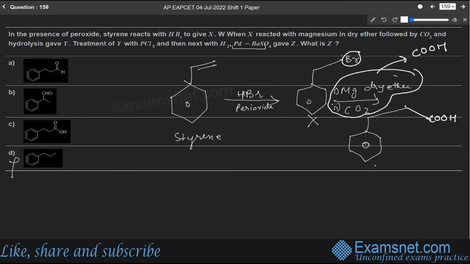Now what they have asked is treatment with PCl5. Now again, this is an important reaction from haloalkanes and haloarenes, right? PCl5, SOCl2, PCl3, PCl5. All these reactions are very important, four to five reactions in haloalkanes and haloarenes.